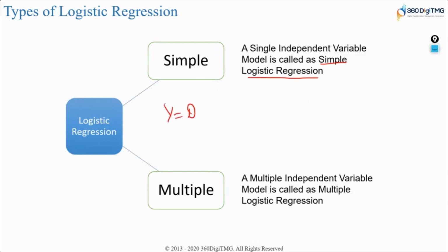If your output variable is discrete in two categories, and if you have multiple inputs, then you call it multiple logistic regression.